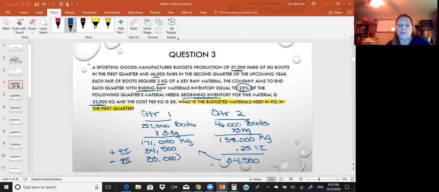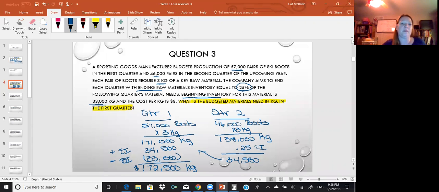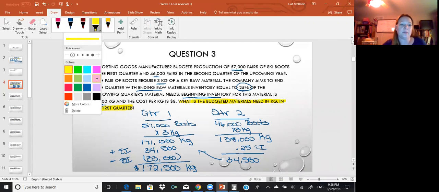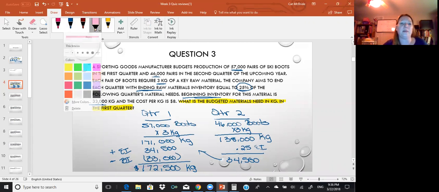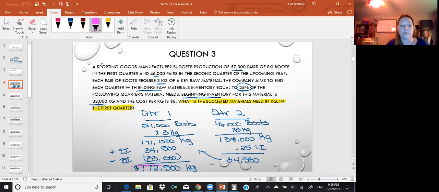So I'm going to subtract my beginning inventory. If I take my 171,000 for my boots for quarter 1, add what I need in ending inventory, and subtract the 33,000 that was already in my beginning inventory, I have to purchase 172,500 kilograms of materials. Does that make sense? Yeah. We're good there?